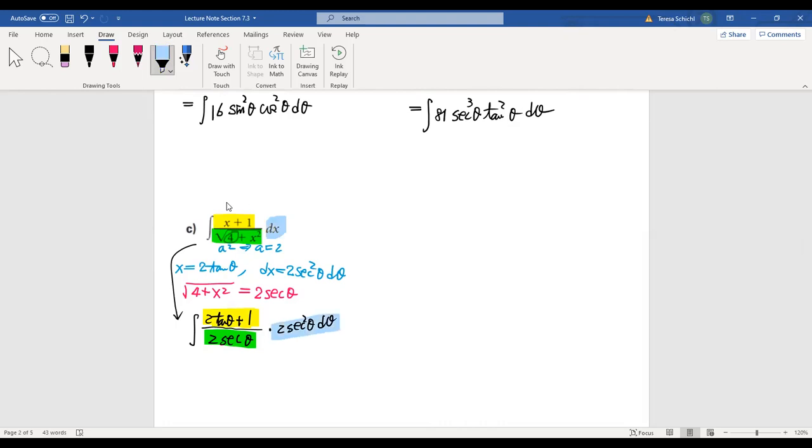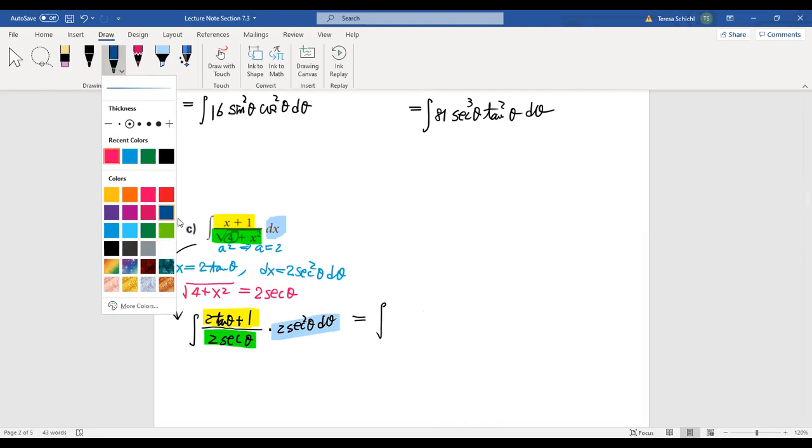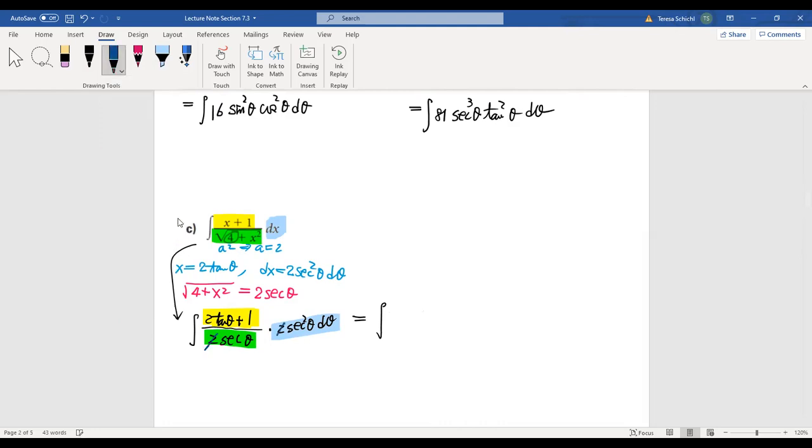Now I can simplify a little better. The 2 and the 2 I can cancel, and I can cancel out one secant.